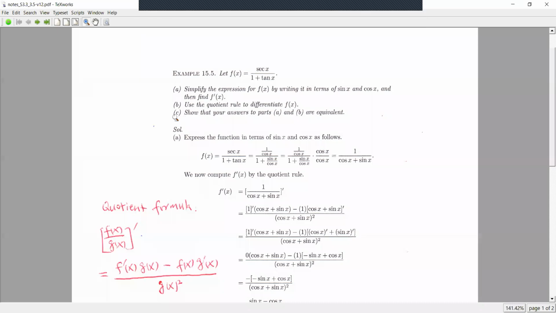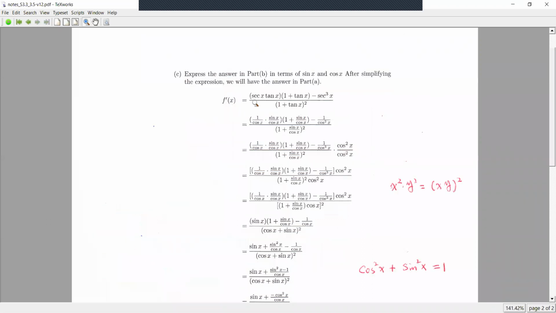Solution to part C. Show that your answers to part A and part B are equal. Let me start with the answer in part B. Write the answer in part B in terms of sine and cosine. Secant is 1 over cosine.